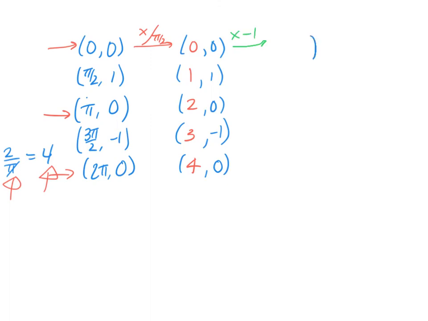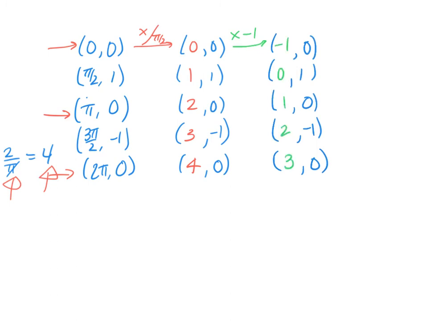My y's are still stable. So negative 1, 0, 1, 2, and 3. Isn't this sweet? We're digging this.